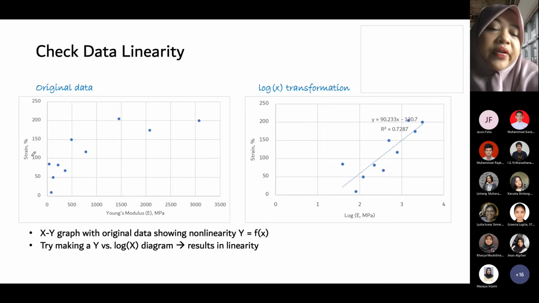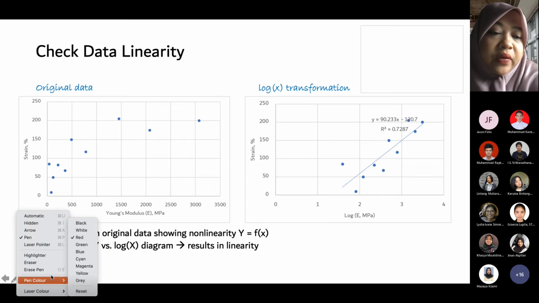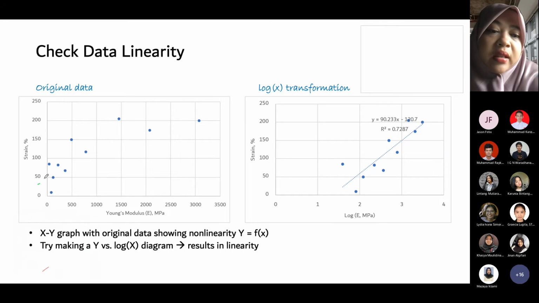So the first thing, to check if it is linear, we check the trend first, from the eyes, looking at it. Is it linear?